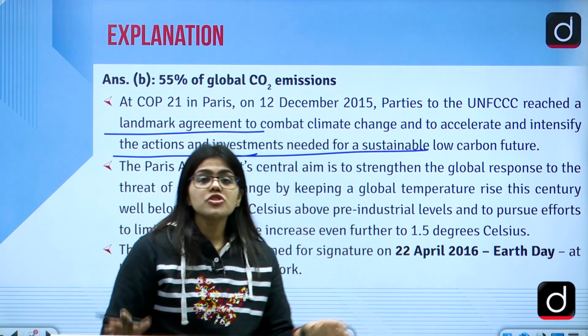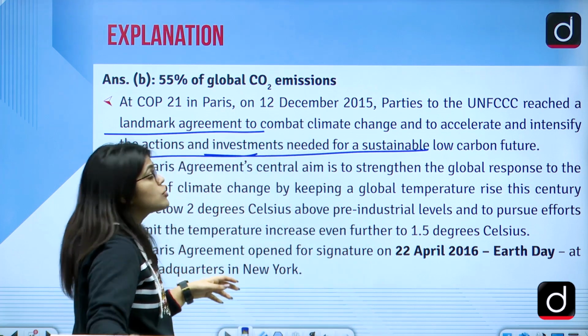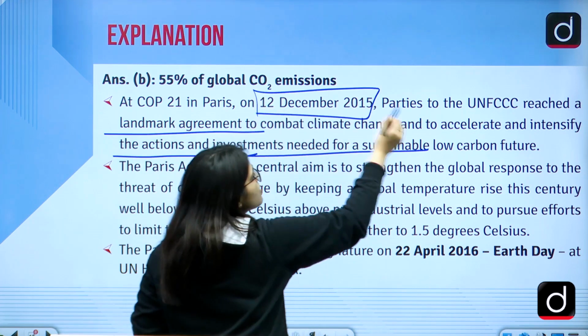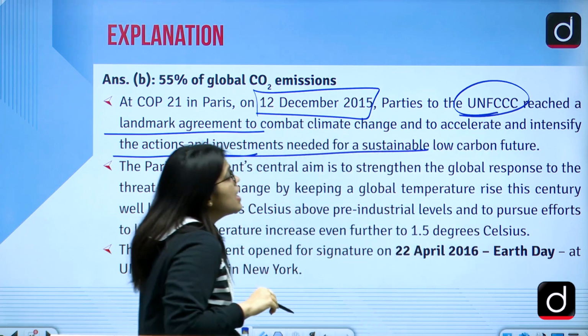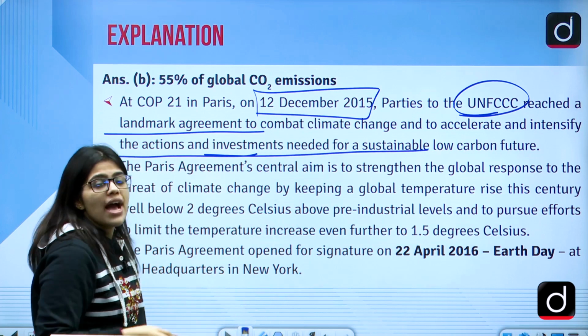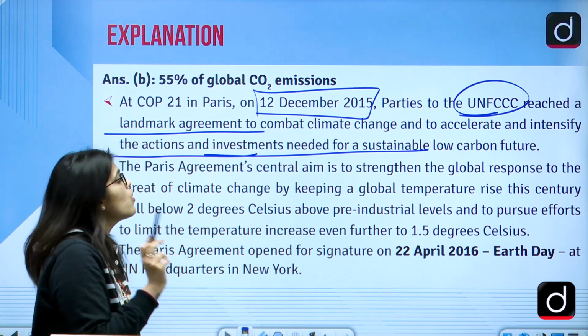We could approach the environment in such a manner that we protect it for future generations.